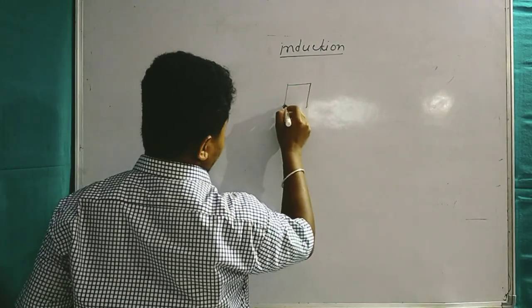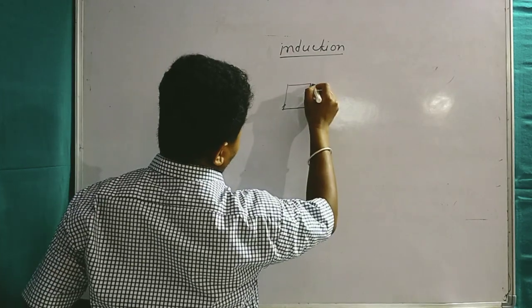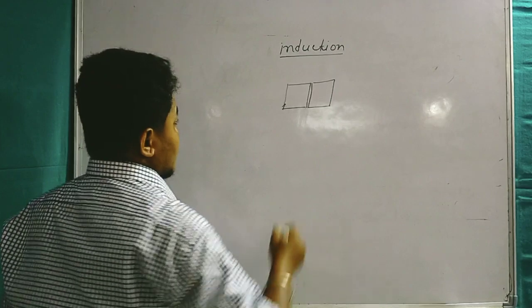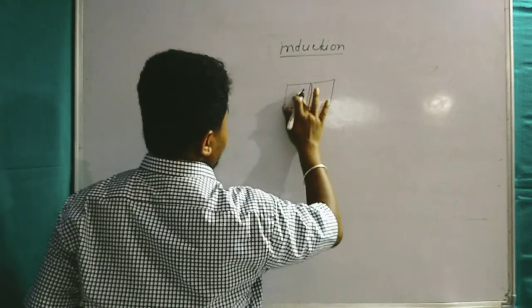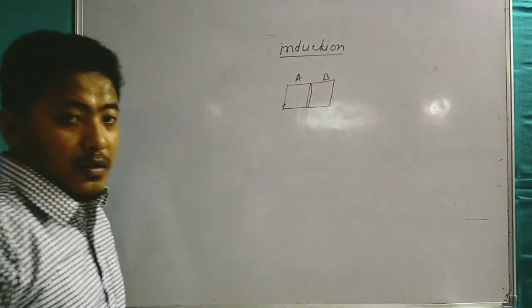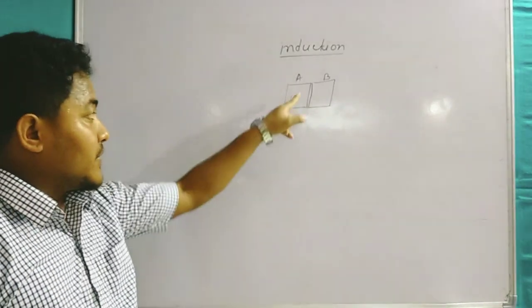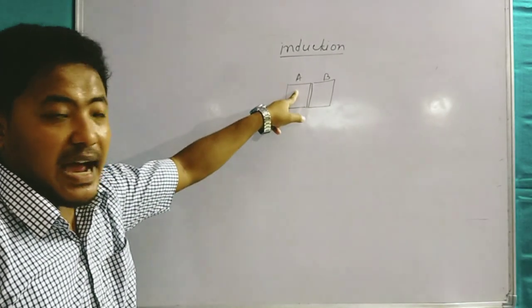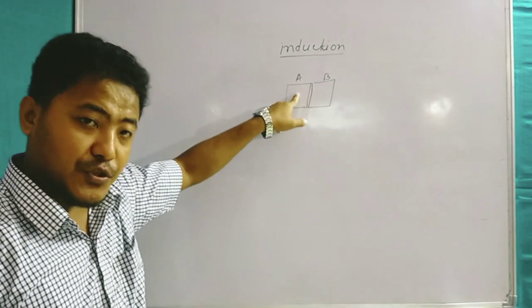We have a neutral body, and we bring one more body nearby it. So this is body A, and this is body B for us. Now I want to make this body A positively charged.